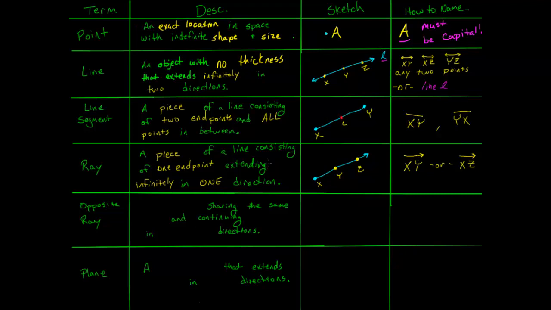So now that brings us to the opposite ray. Opposite ray description is 2 rays. We have 2 rays sharing the same endpoint, and they continue infinitely in opposite directions.